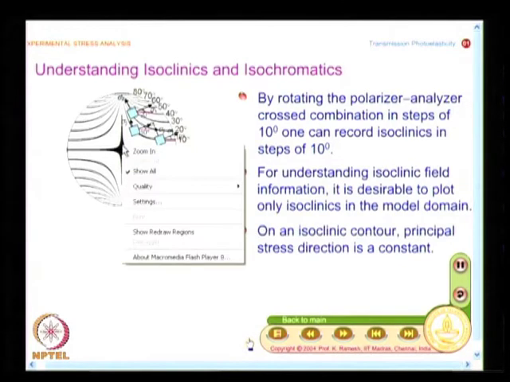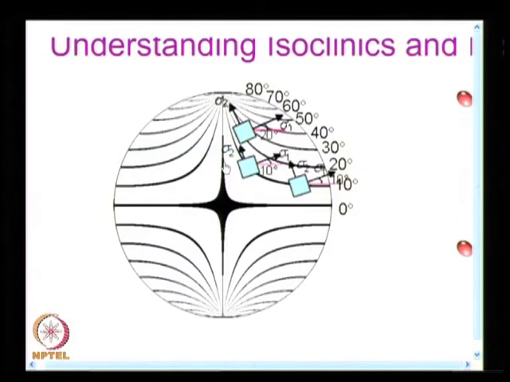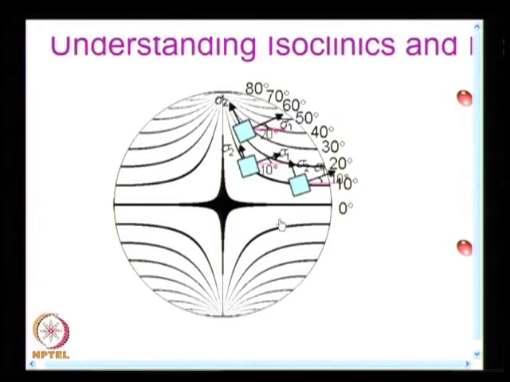What is shown here is an isoclinic labeled as 10 degree isoclinic, and sigma 1 and sigma 2 can have different magnitudes, but their orientation remains constant in this isoclinic. If I go to a 20 degree isoclinic, the angle becomes 20 degrees, and you have to extract this data by several different positions of the polarizer analyzer combination. You do not see this information available in one experimental exposure.